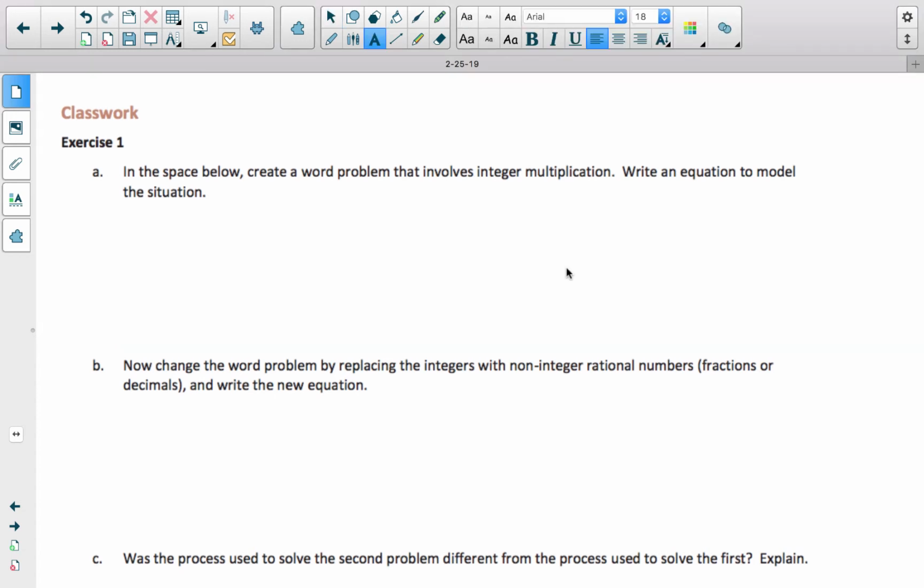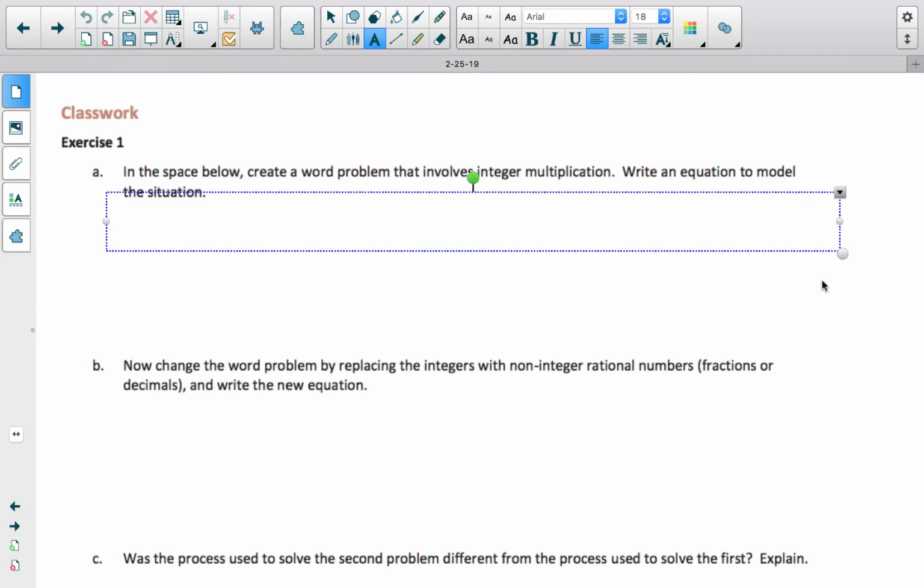Now, obviously for A and B, our answers should look a little bit different because you created your own problem. I'm just going to provide a type of problem that I did. Both times I went to the fair, I borrowed $3 from my older brother.